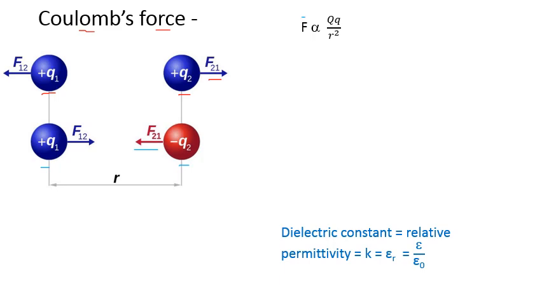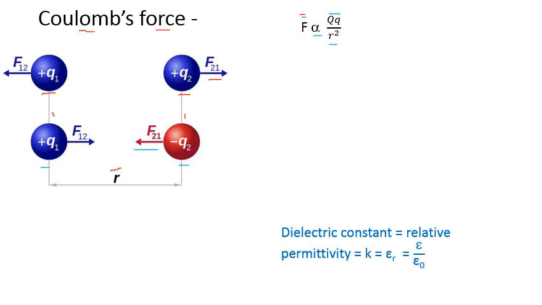F is Coulomb's force of attraction or repulsion, which is directly proportional to the product of the magnitudes of these charges and inversely proportional to the square of the distance between them, where r is the distance between these two charges. Got it? Once you remember this in mathematical form, you can write down the statement.